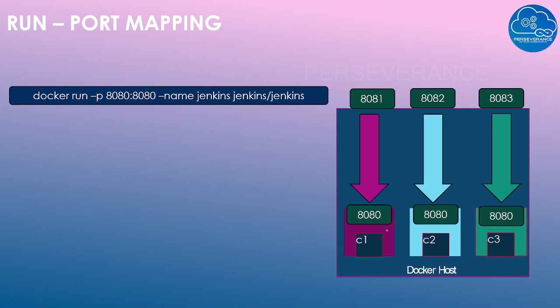Container 1 is exposed on port 8080, container 2 is also on the same port, and container 3 is also on the same port. Three containers are allowed on the same port, correct? At the container level that is fine because things are isolated.